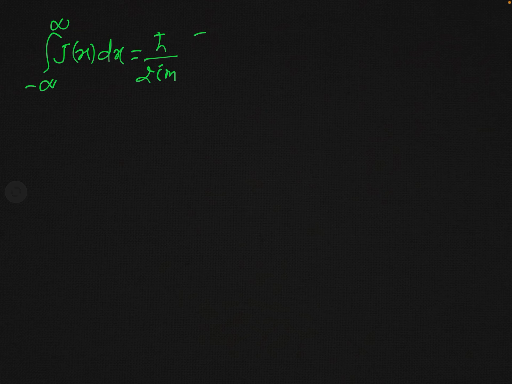Now we will evaluate these two integrals. You can see this integral from minus infinity to plus infinity of j of x dx can be written as h cross over 2im.